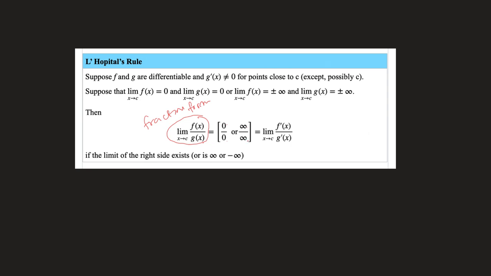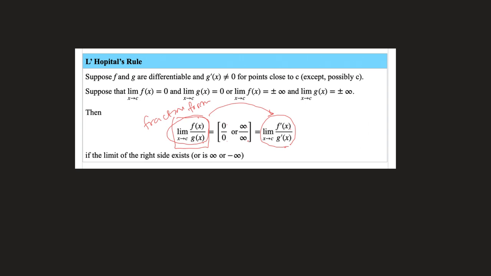In that case, we find the limit this way: take the derivative of f(x), that's f prime of x, and take the derivative of g(x), that's g prime of x. Then we find the limit of this. If you have another 0 over 0 or infinity over infinity, you do it one more time. So here is the very important concept, guys.